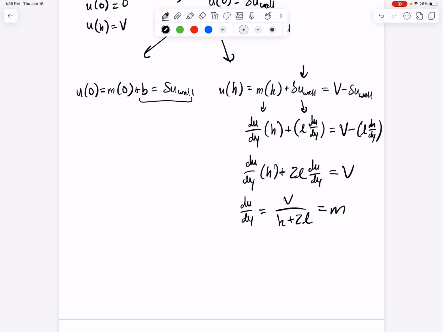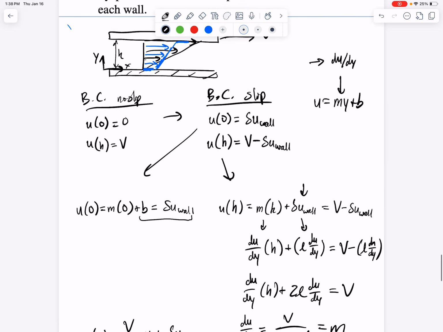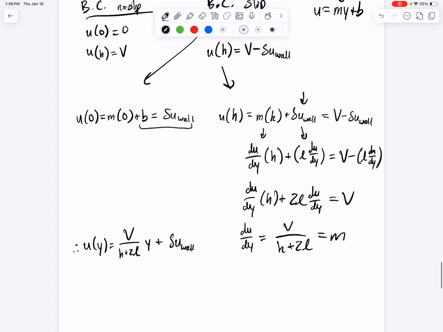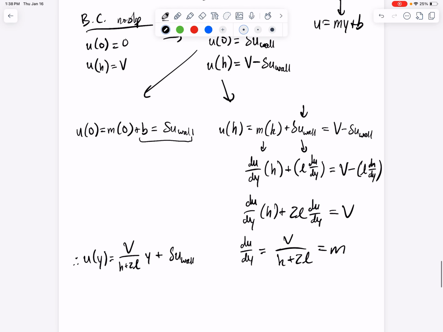So my velocity profile is v over (h plus 2L) times y plus my slip flow, which I'll just keep as the slip flow at the wall for simplicity. And by plugging in h, I should get this boundary condition back.